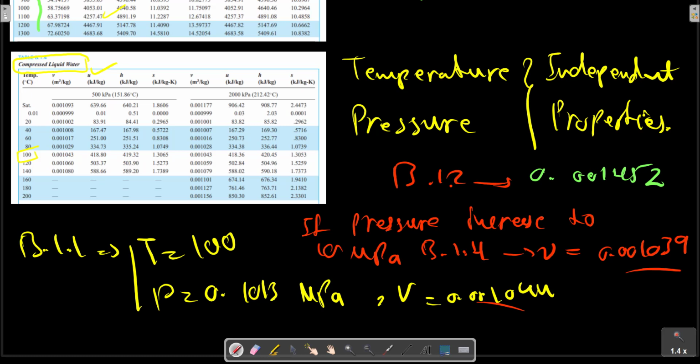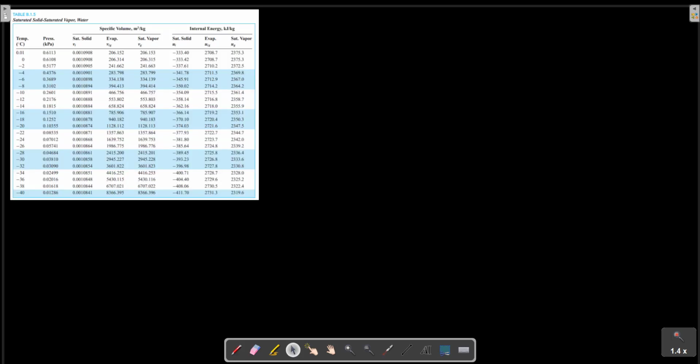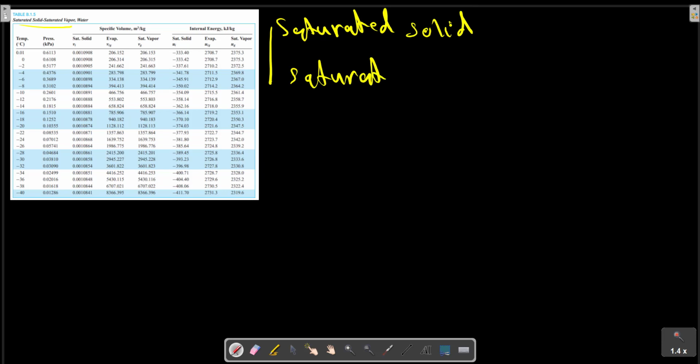Table B15 of the steam table gives the properties of saturated solid and saturated vapor that are in equilibrium, and also solid and liquid in equilibrium.